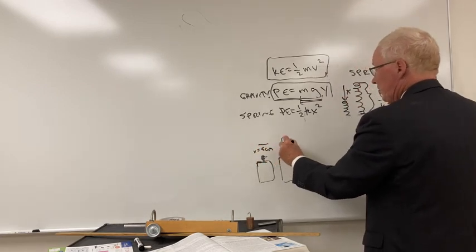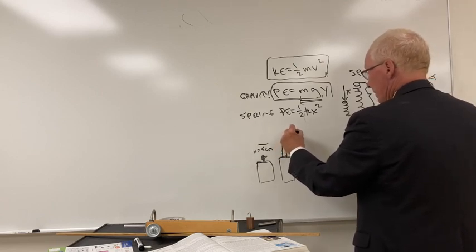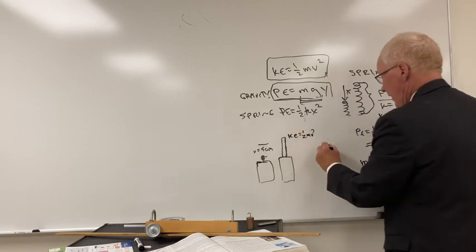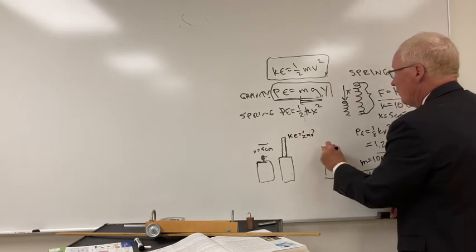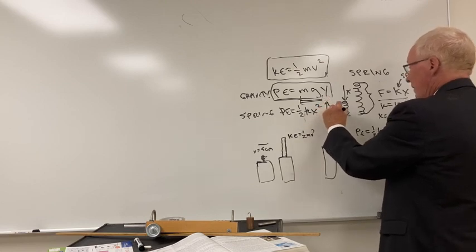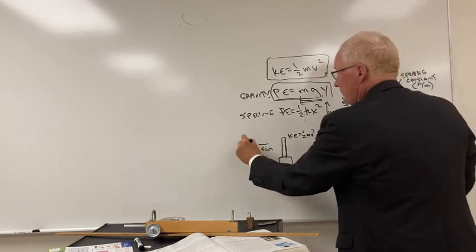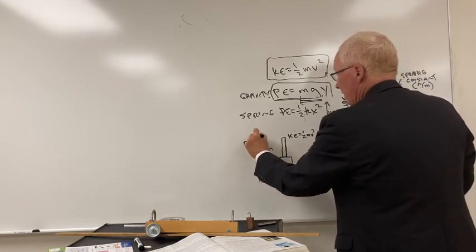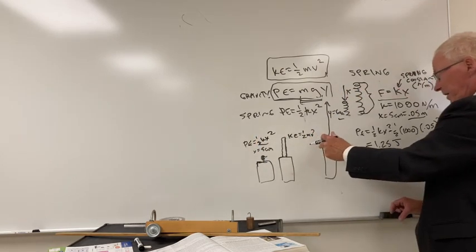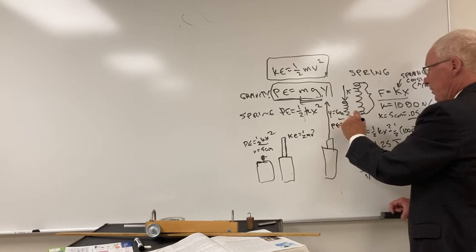It goes out with a kinetic energy given by 1/2 mv squared. And then the ball will rise up to a height y of 60 centimeters. So we start with potential energy, 1/2 kx squared, which converts to kinetic energy, which converts to potential energy of gravity, mgy.